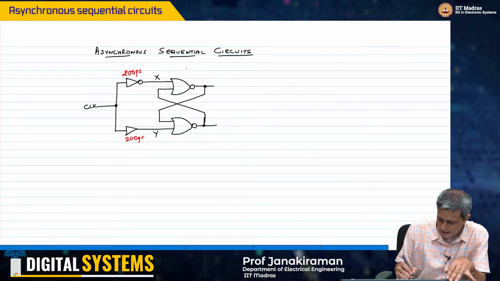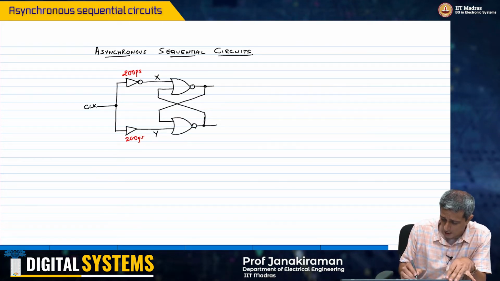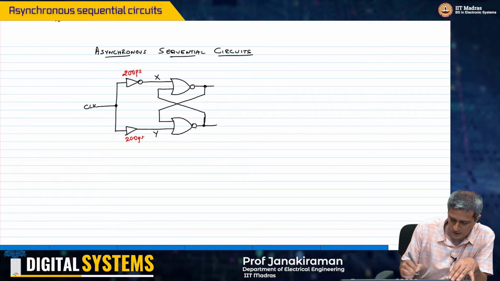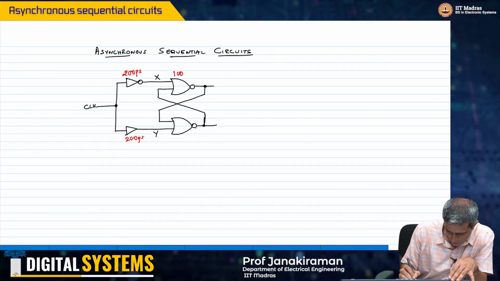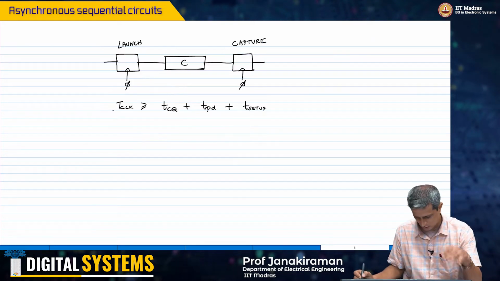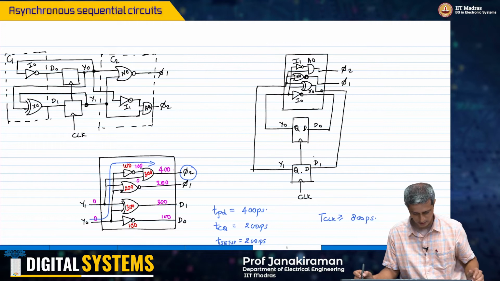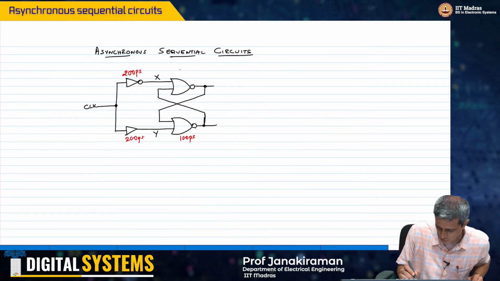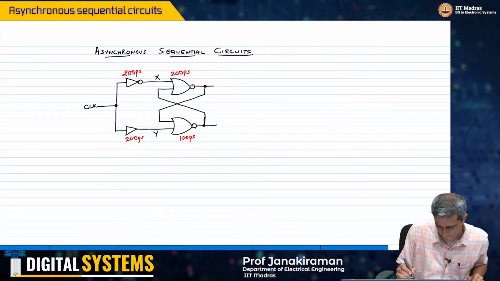Okay, and then I am going to talk about the NOR gate, which has another delay of, let's say, 100 picoseconds. That's what we had considered in this particular example. There also we said that was 200, so I'll keep that as 200 picoseconds.